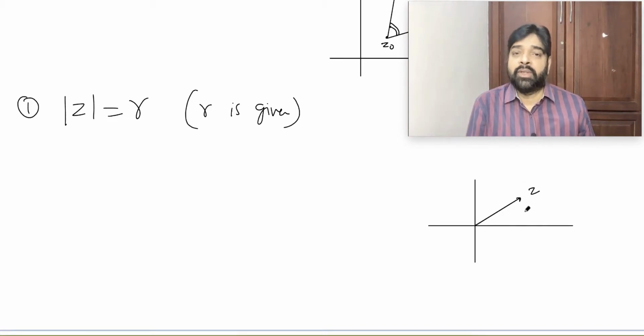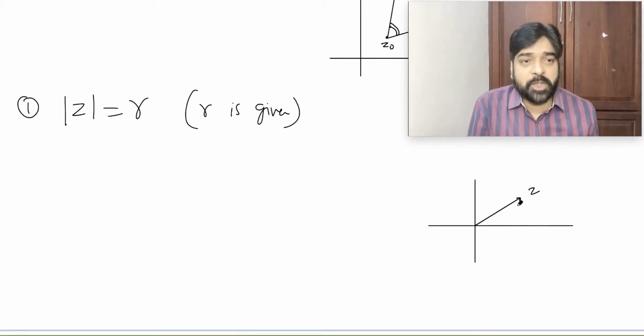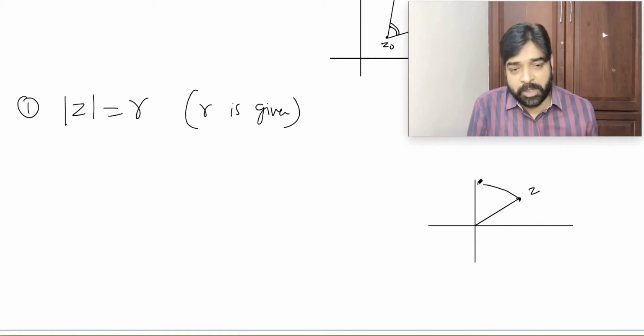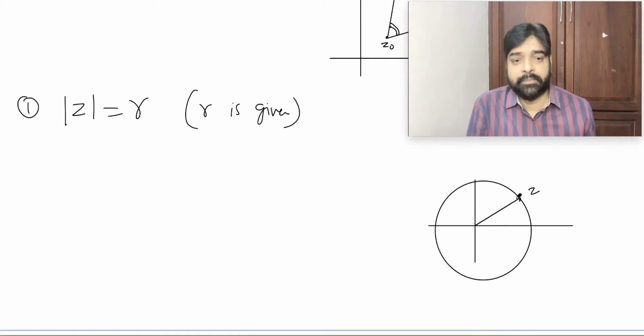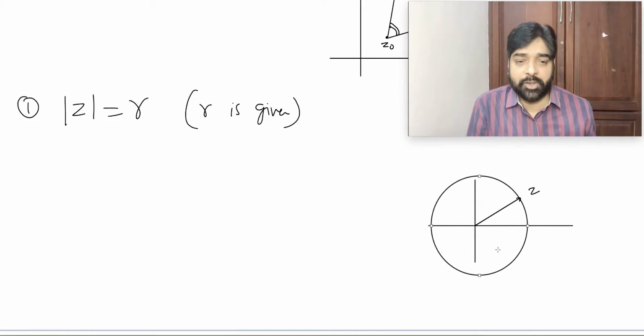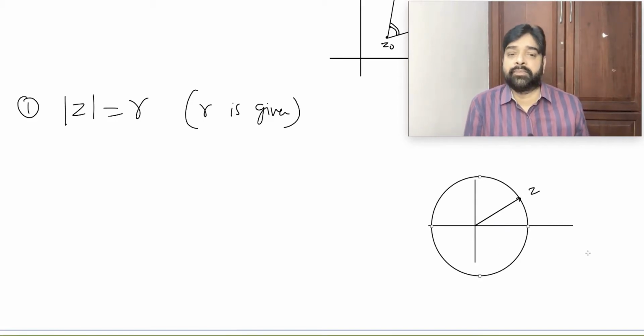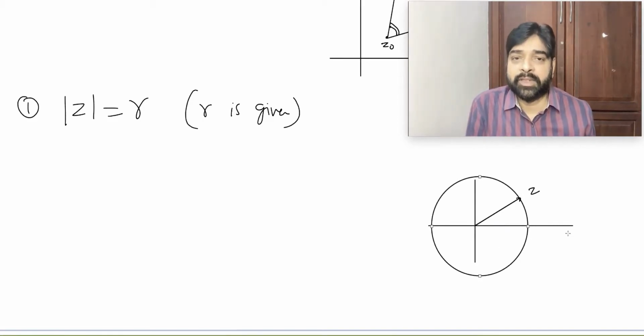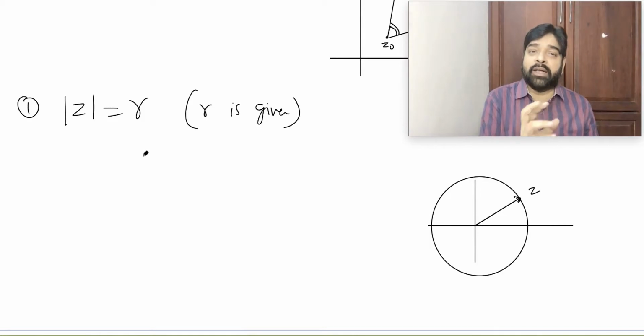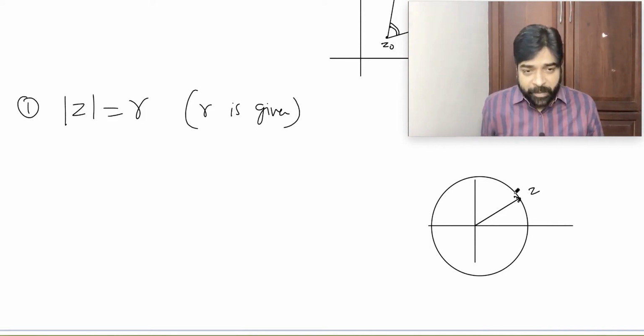Yes or no? Locus means the possible positions where it can be. The possible position is this circle. On this circle only, z has to move. Did you understand? If anybody asks mod z equal to r, where is z? I will say z will be on the circumference of this circle. Which circle?